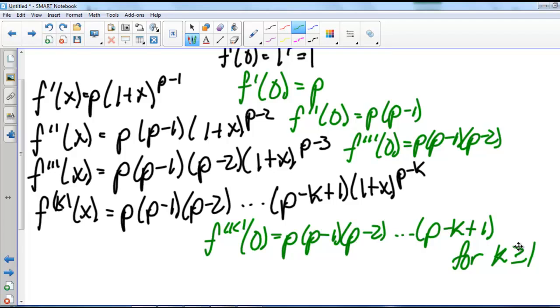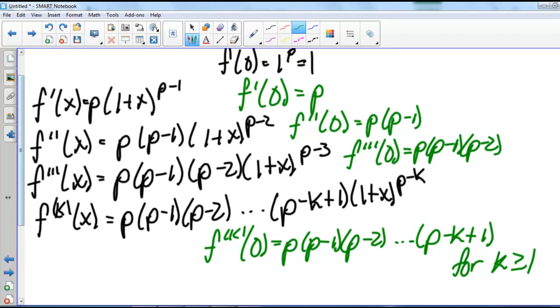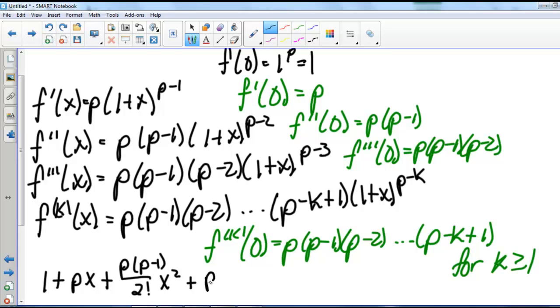So given this information, we can start to write our Taylor series. We have 1 plus p times x plus p times p minus 1 divided by 2 factorial x squared plus p times p minus 1 times p minus 2 divided by 3 factorial times x cubed, and so on.